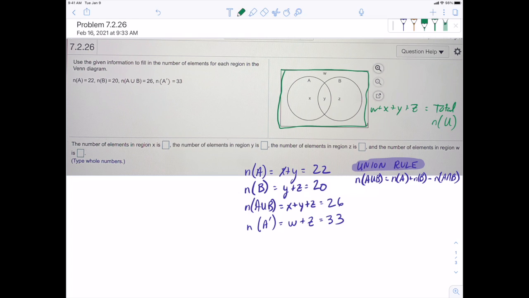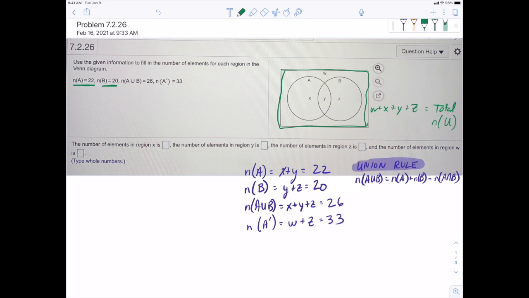Okay, all right. So what do we do? Well, if you do it the logic way, we know the number of things in A is 22. So the number of things in A is x plus y. The number of things in B is 20, y plus z. The number of things in A union B is x plus y plus z, which is 26.